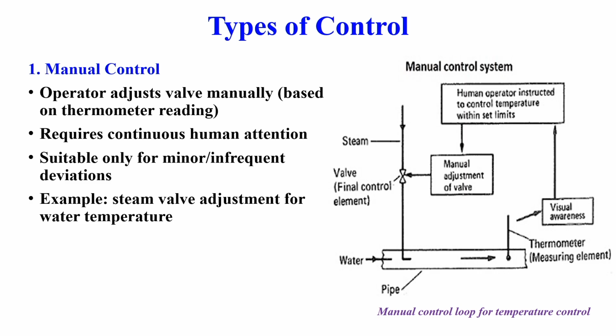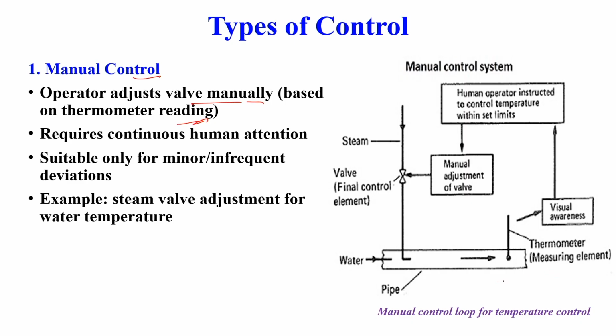Now, on the type of control, one option is manual control. In that case, once you measure the value, the operator adjusts the valve manually based on, let us say if it is temperature, the thermometer reading.